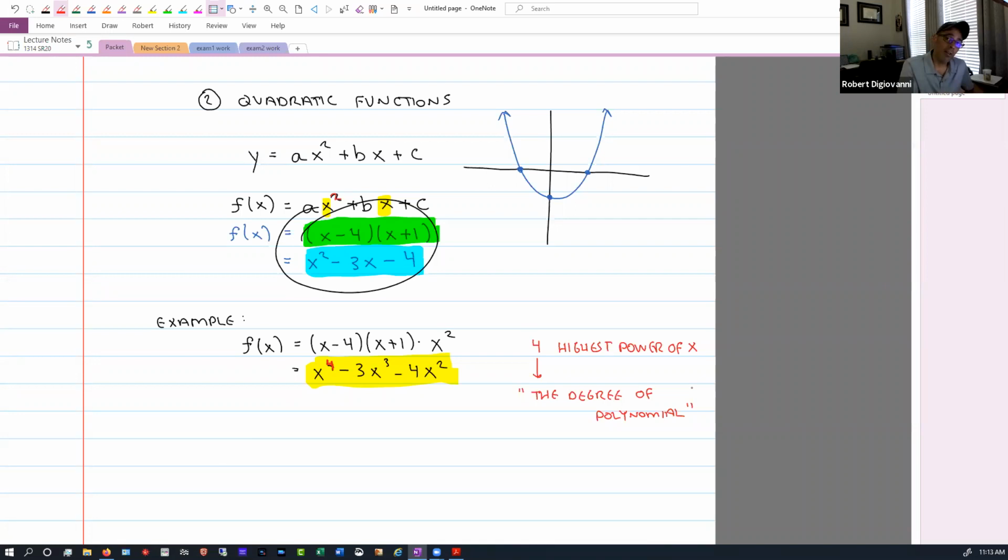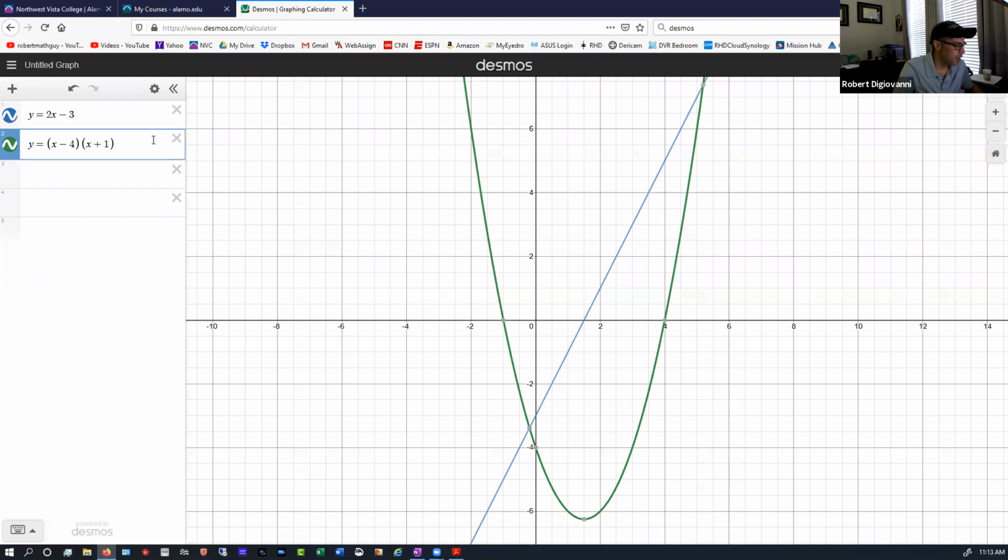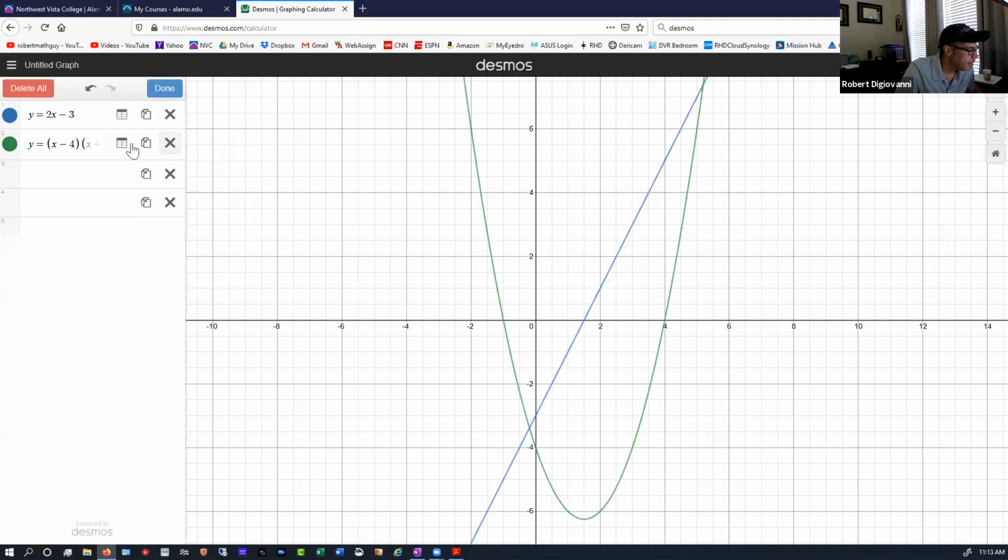Now, let's take a look at it and see what its characteristics are. Like, what does the graph look like? So I'm going to take this one. I think I can duplicate this. Wait a minute, I did this earlier. Oh, it's right here. Duplicate that.